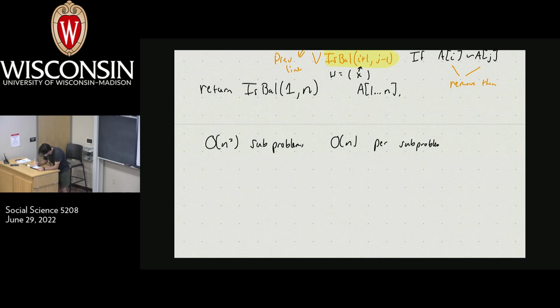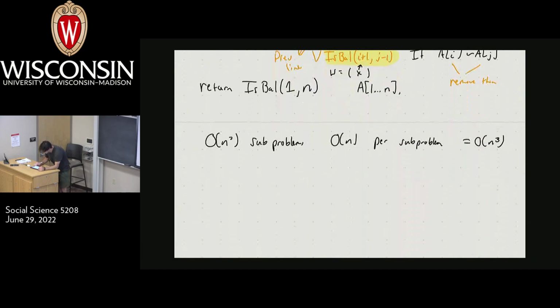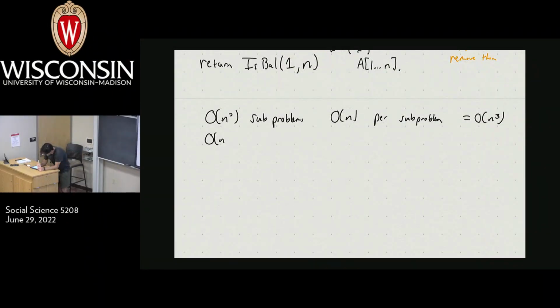How much space is it going to take? We have to save every subproblem, right? How much space do we need to save n squared subproblems? n squared. Cool.